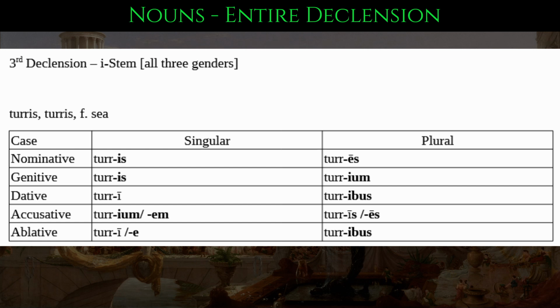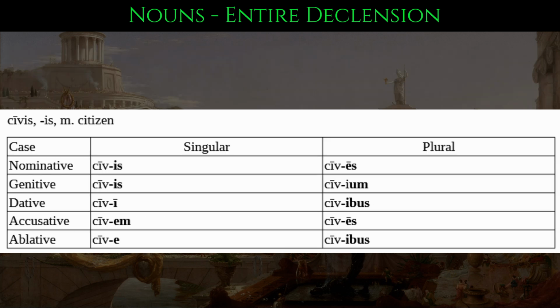Next, the third declension, the i-stem. Here again we have all three genders, beginning with the femininum. Turris, turris, turri, turrim or turrem, turri or turre, and the plural. Turres, turrium, turribus, turris or turres, and turribus. Next, the masculinum.